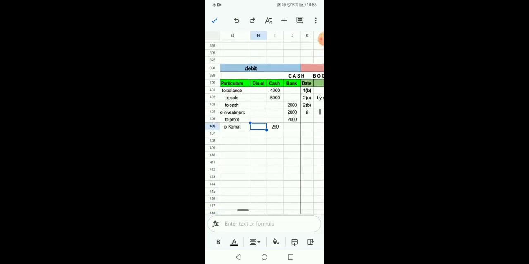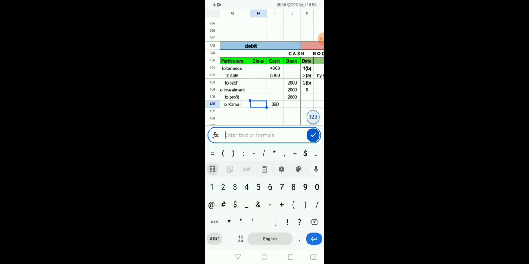Discount is being debited 40, so you will go to the debit side of the discount and write 40. You may write 40 in the next line, and for that you will have to repeat Kamal and 12. But since the reference of 290 and the reference of 40 is the same, that is Kamal, you may choose the same row and write it in the same place. Why? Because date and reference are the same.